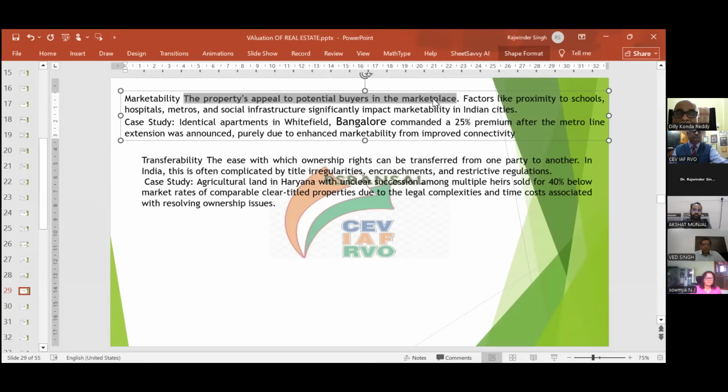For example, proximity to the schools, hospitals, metros, social infrastructures, especially in the Indian cities, these things are very much affecting the marketability. For example, identical apartments in Whitefield, Bangalore commanded a 25% premium after the metro line extension was announced, purely due to the enhanced marketability from improved connectivity.